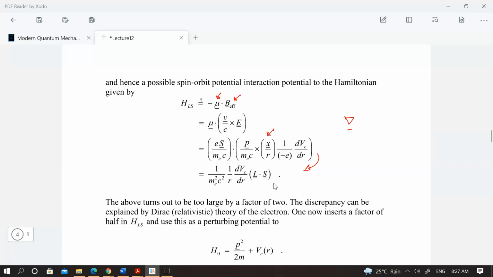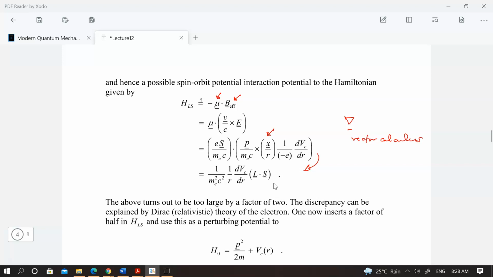You have to go back to vector calculus. So you finally get this expression involving the derivative of the potential with respect to r, multiplied by L dot S.